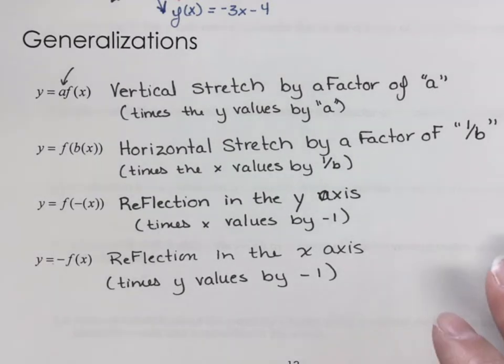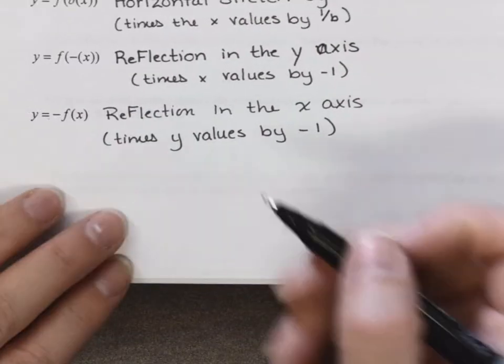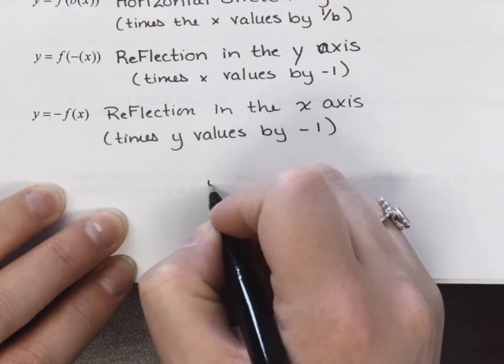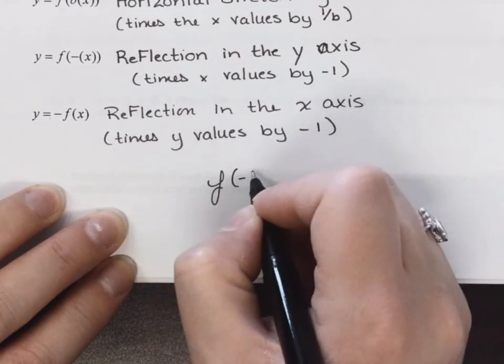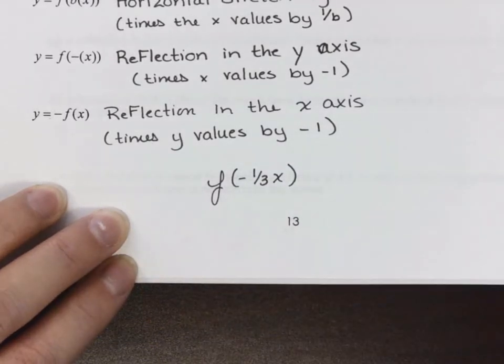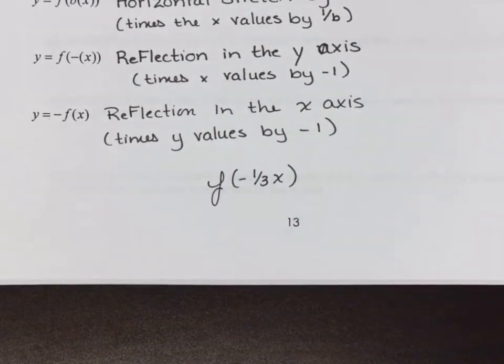So if I gave you this, what do you know is happening? Vertical stretch by a factor of 3 and a reflection in the y-axis.